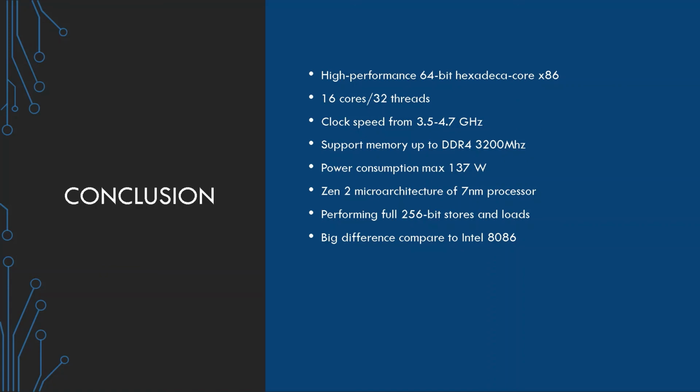The max power consumption of this microprocessor is up to 137 W. The architecture of this microprocessor is the Zen 2 microarchitecture on a 7nm process, where it can perform full 256-bit stores and loads. We can see a big difference compared to the Intel 8086 microprocessor, since our selected microprocessor has features which are newer and higher performing.